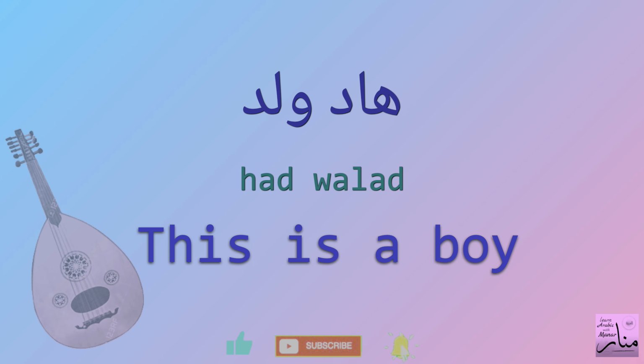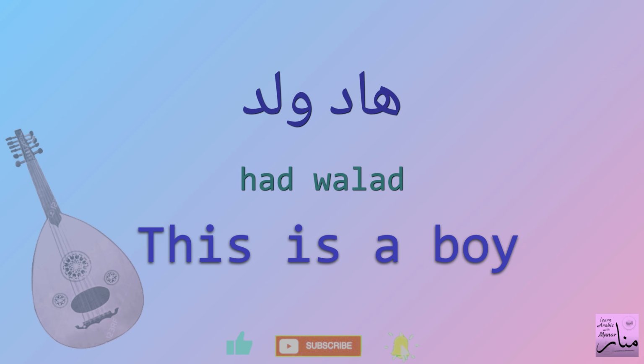Before we start, we have to understand when to use the article al with these and those and with all the demonstratives in Levantine Arabic. Because most of the time, when we are pointing to something, we are using the article al. For example, in English, if you are saying this is a boy, in Arabic you will say had walad. So you will use it without the article al.